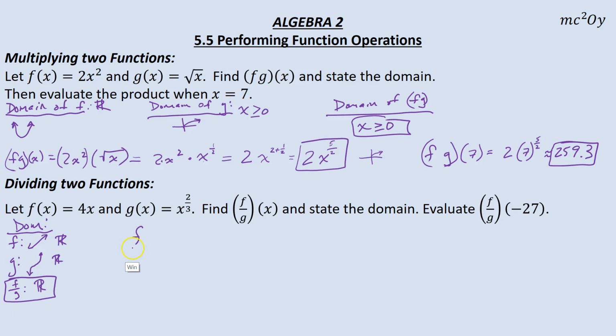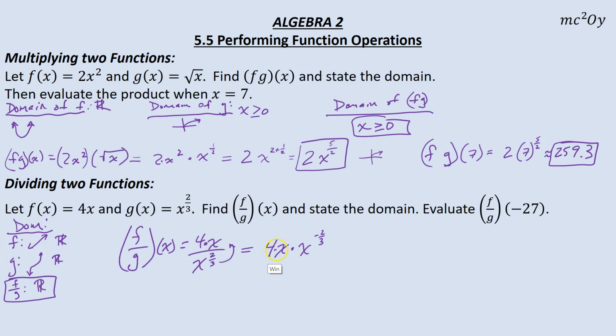F divided by g of x is equal to 4x over x to the 2/3. On the numerator we have 4 times x, and in the denominator we have x to the 2/3. I'm going to get this out of the denominator. Remember, if I want to bring it up, if it's a positive power, I make it a negative power. So we could write that as 4x, what's already up there, times x to the negative 2/3.